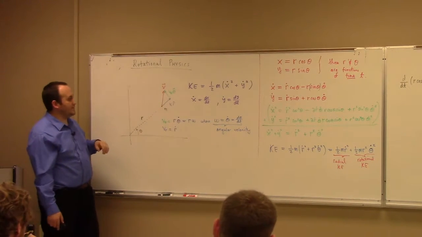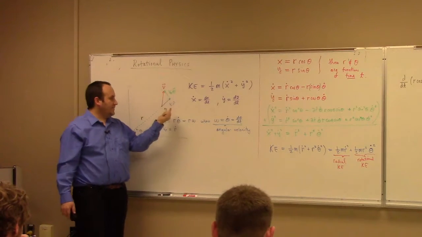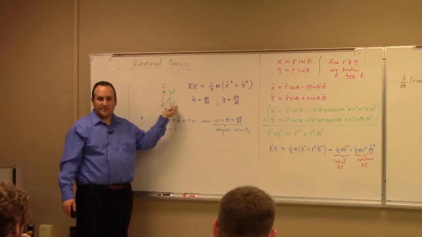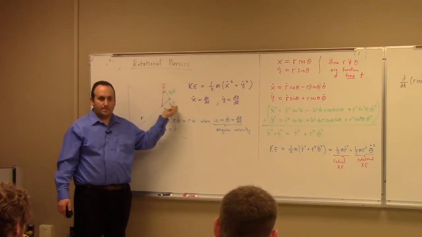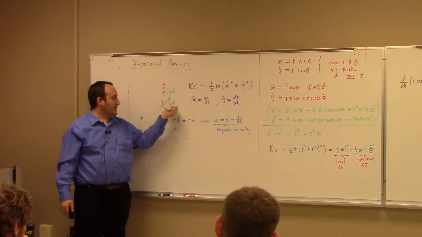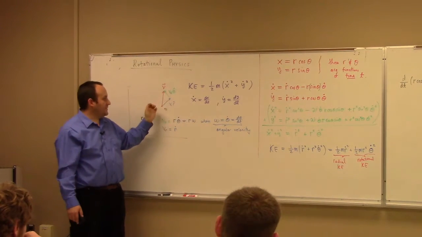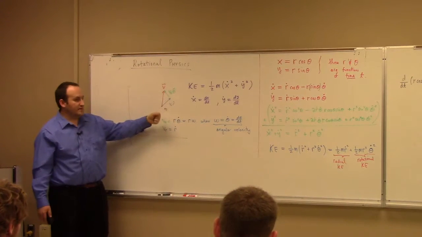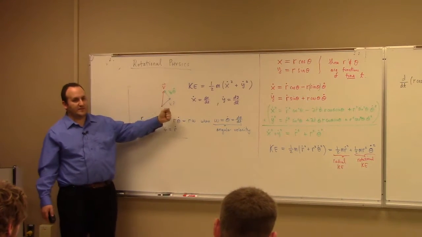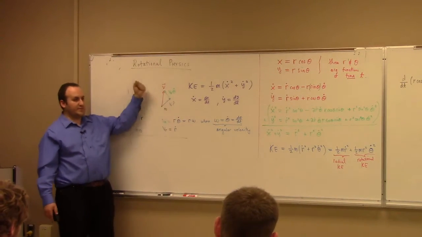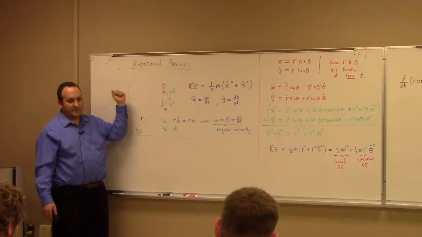In most of our problems, this radial distance isn't going to be changing. So we usually focus on problems where you're just studying rotational motion. The radius isn't changing, the mass is just going the same distance from some central pivot point, and we study the motion of that.